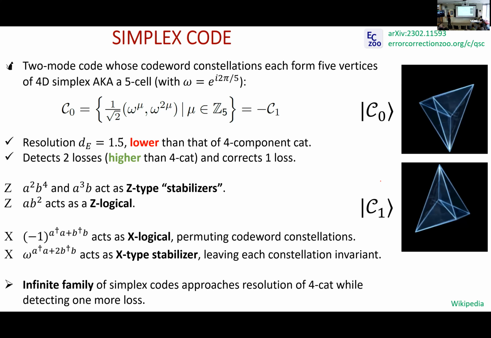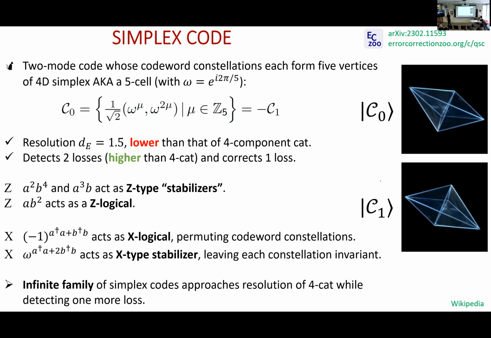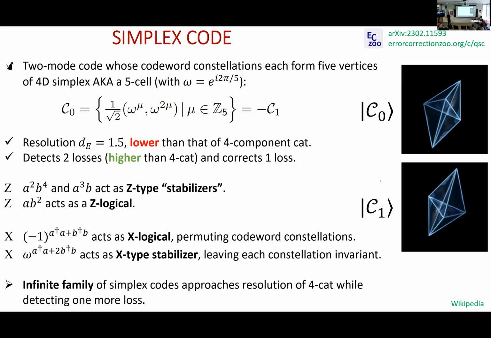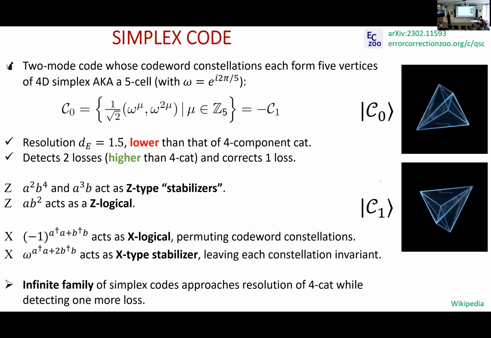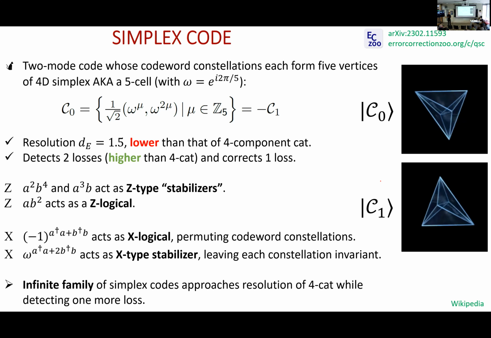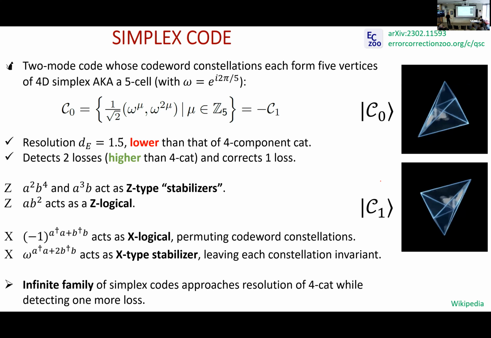The resolution decreases to a constant that is the same as the 4-cat, but now it can detect 1 more loss and correct the same amount. So this red part goes away asymptotically with the number of modes. An example of how you can pack higher dimensions and get better parameters at the expense of using more dimensions, of course.